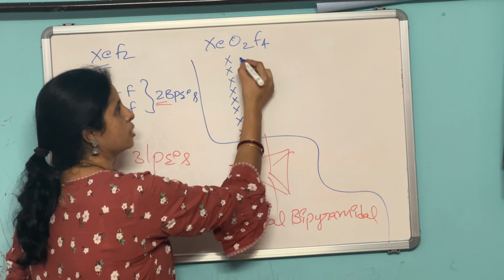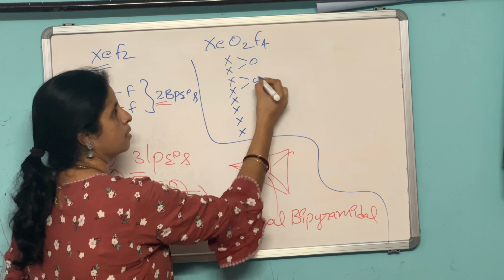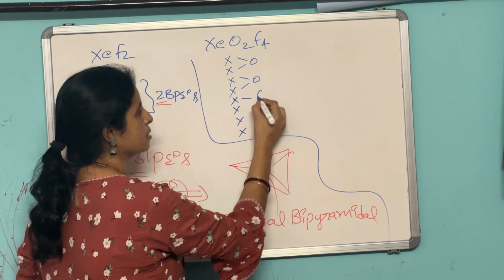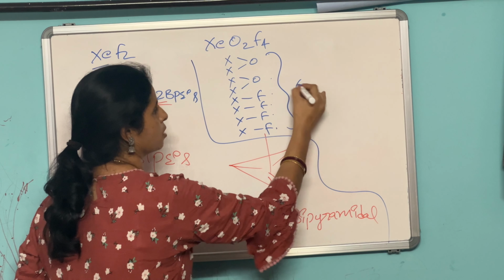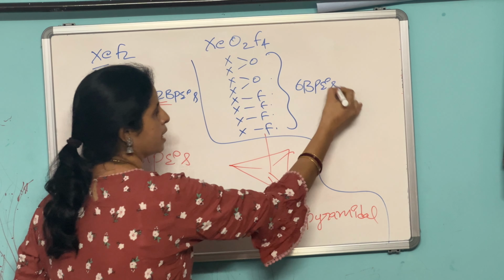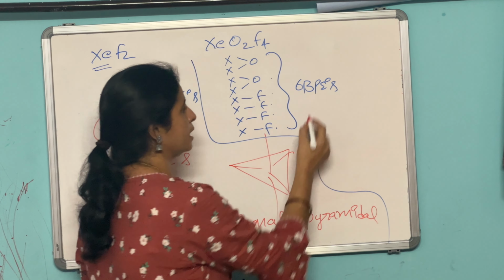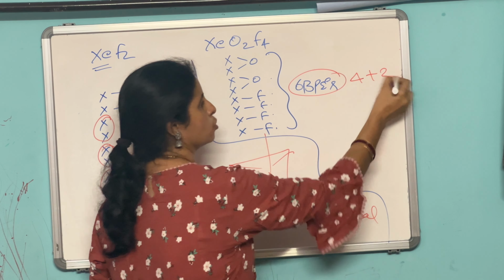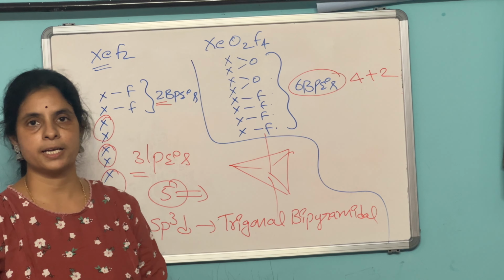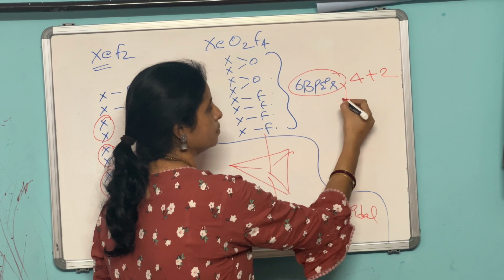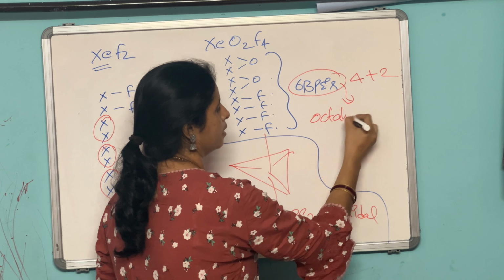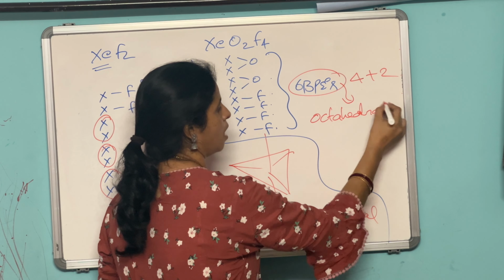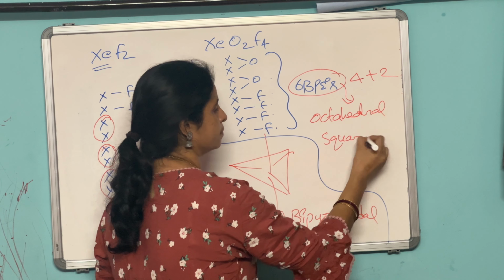Here 2 oxygens are there, and remaining fluorines 1, 2, 3, 4. Altogether 1, 2, 3, 4, 5, 6 bond pair of electrons, with no lone pair. So the geometry, 6 means 4 plus 2, the geometry is octahedral or square bipyramidal.